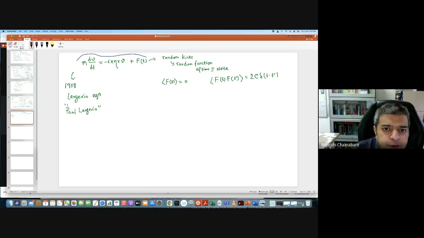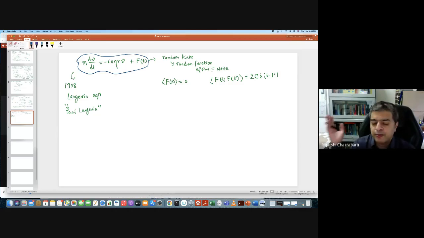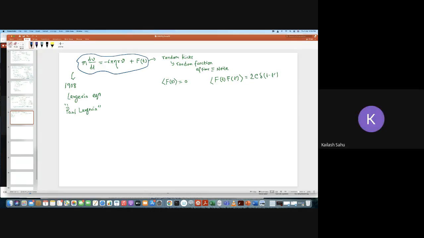Of course, this equation assumes that there is no external force acting on the particle, no external potential. You can have some external potential, but here there is nothing. There is a free colloidal particle diffusing in a fluid. Is this clear?